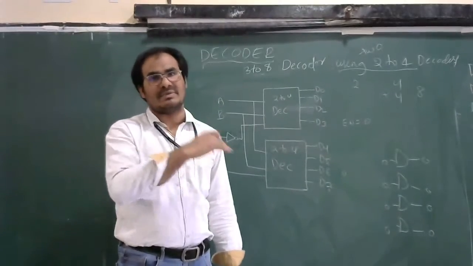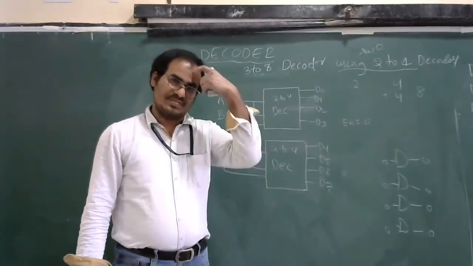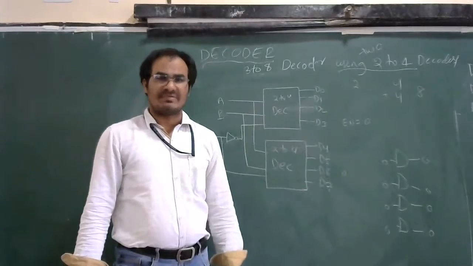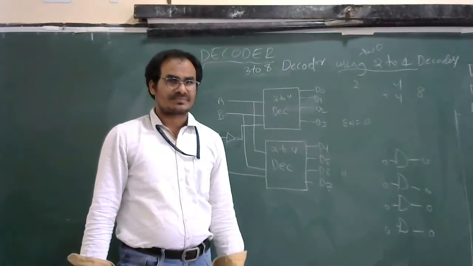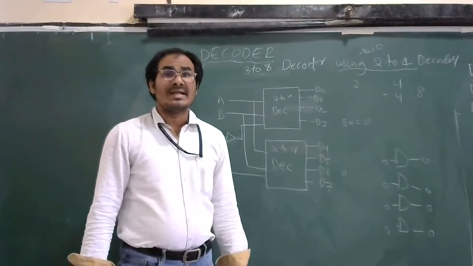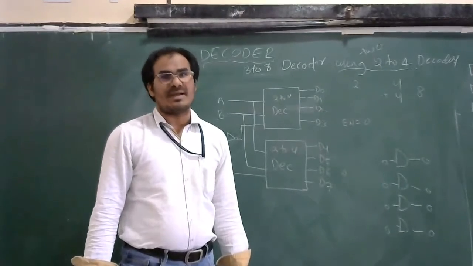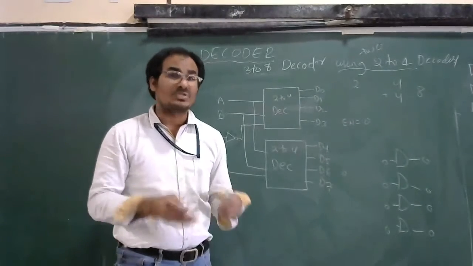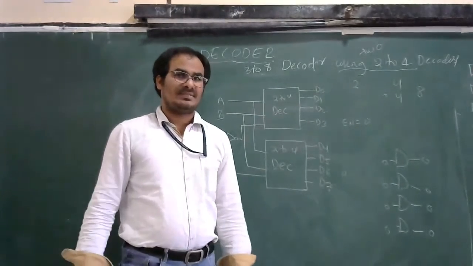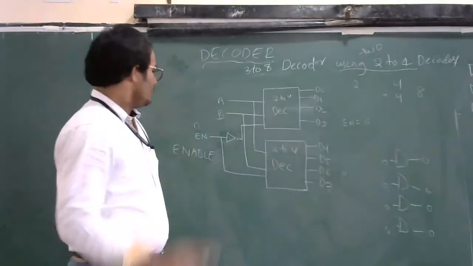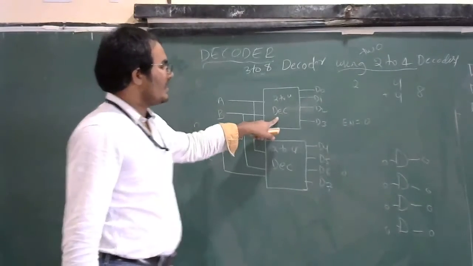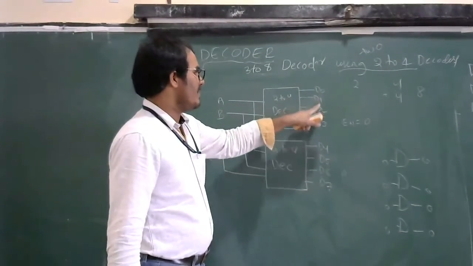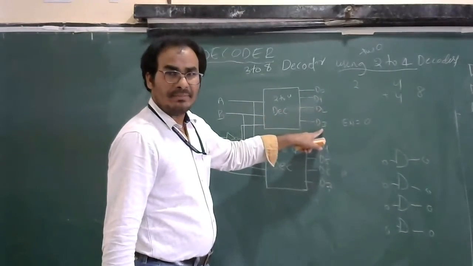I told this topic at the time of discussing logic gates. You can refer to my video on logic gates for this. So 0 is the disable input of the AND gate. It disables other inputs from passing through the gate. So when the enable input is 0, the upper decoder will produce outputs D0, D1, D2, D3.